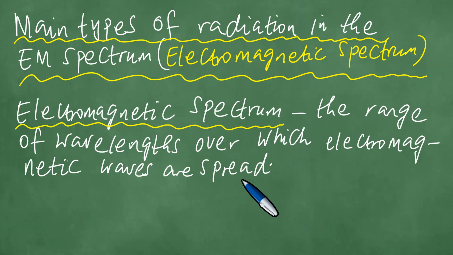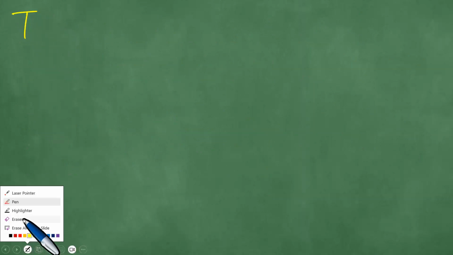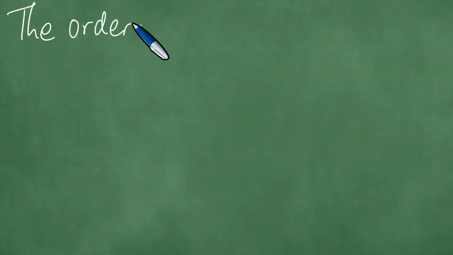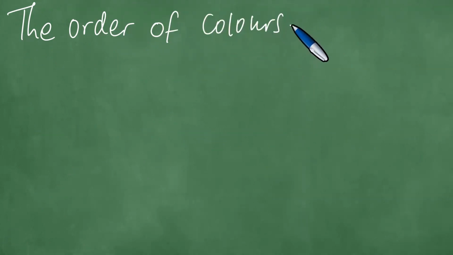Right, so now we have the order of colors in the visible spectrum.